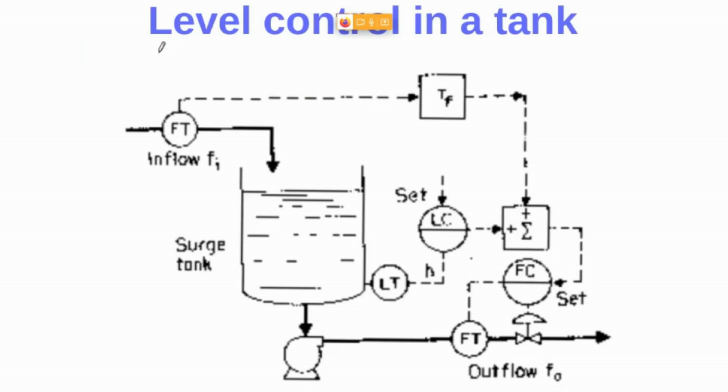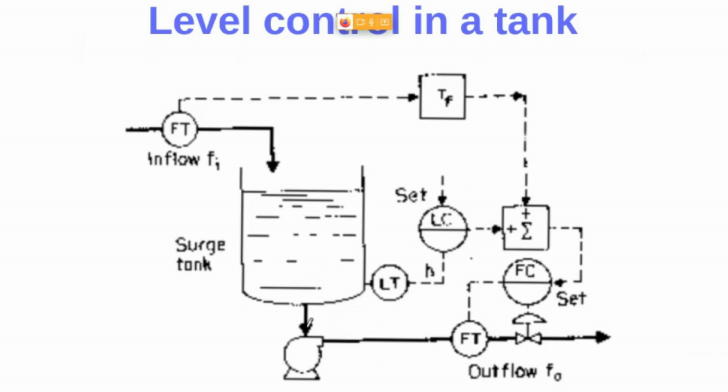Let's have a look at level control in a tank. Here we can see that we have a tank, and then we have a pump at the outlet in order to make the outflow of this tank.